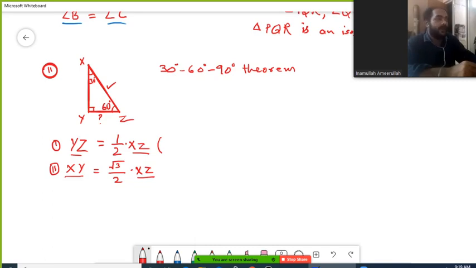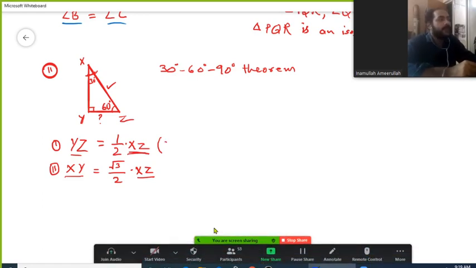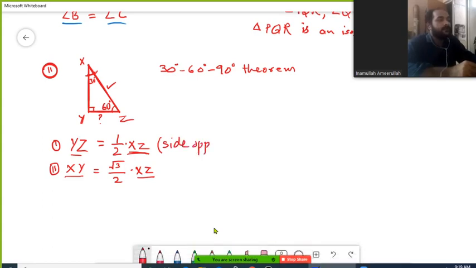So as you can see, this YZ is the side which is opposite to angle X. So that is the reason this YZ should be half of the hypotenuse. XZ is the hypotenuse. So here you will mention side opposite to 30 degree.